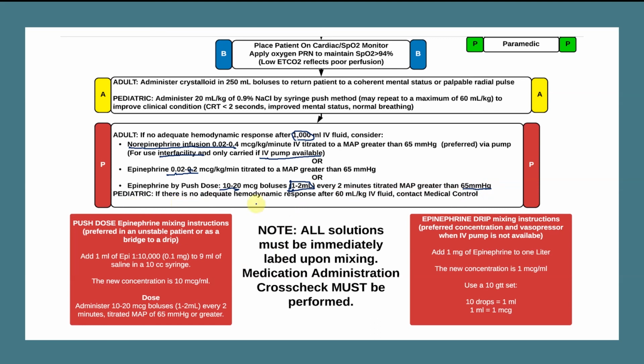For pediatrics, if they don't respond to 20 mLs per kg of fluid, so you're going to give 20 mLs per kg, and you're going to repeat to a maximum of 60 mLs per kg. If they don't respond to that, we want you to contact medical control and ask them what you should do.